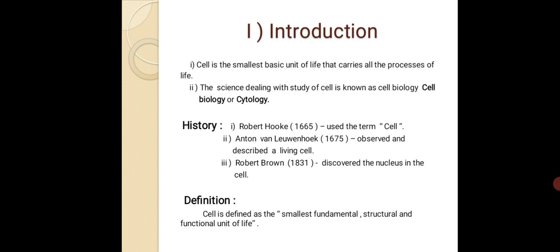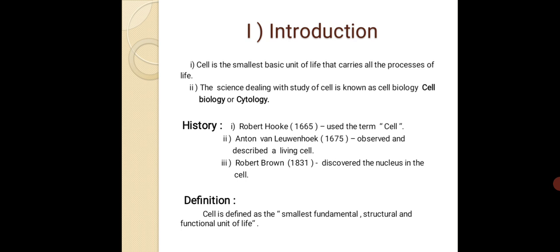Cell is the smallest basic unit of life that carries all processes of life. The science dealing with the study of cell is known as cell biology or cytology. History: Robert Hooke in 1665 used the term cell.